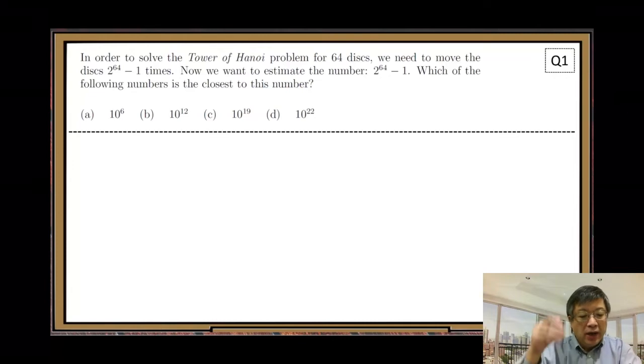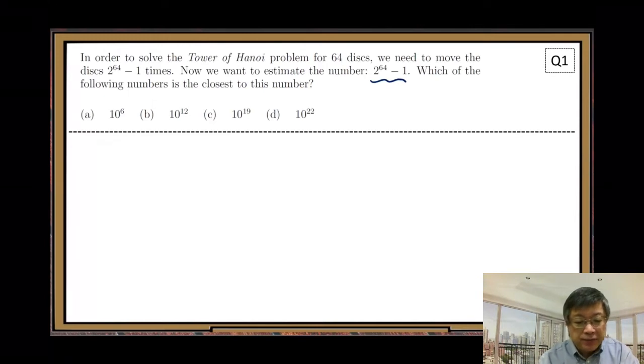In order to solve the Tower of Hanoi problem for 64 disks, we need to move the disks 2 to the 64th minus 1 times, based on our formula. Now we want to estimate this number. We know this number is really big, right?